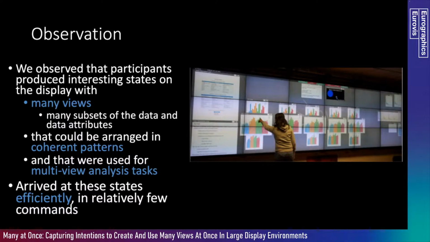And these views could be arranged in coherent patterns, groups, grids, clusters, and this ultimately produced states in the display that could be used for multi-view analysis tasks. Participants arrived at these states in relatively few interactions, relatively efficiently. So this participant did not pose 15 requests to create 15 views, but just a few requests, and she could arrive at this complicated state on the display.